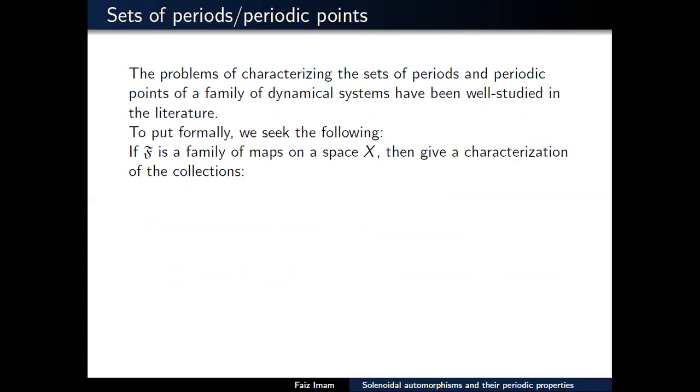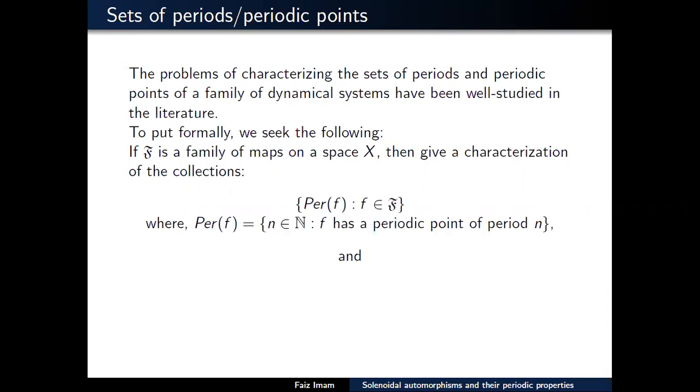If you have a topological space X and curly F is a family of maps on the space X, first we look at this collection: the set of all periods of F, that is, the set of all natural numbers n such that F has a periodic point of period n. The next set is P(F), the set of all x belonging to the space X where x is a periodic point of F.